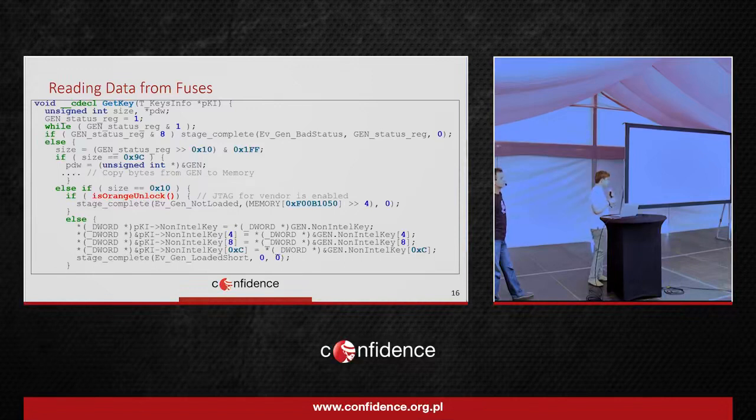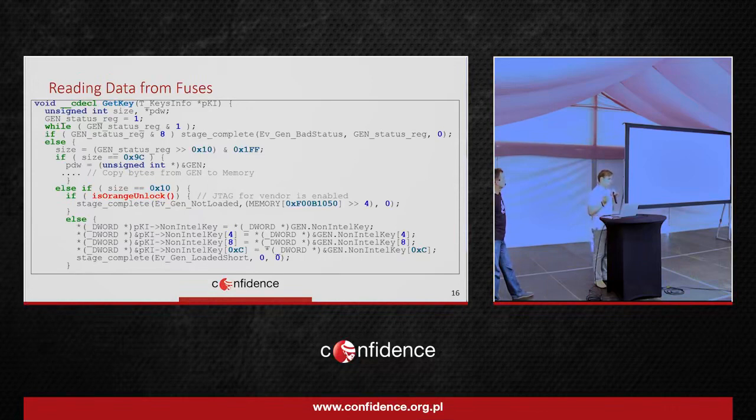And if on your platform JTAG is activated, for example, vendor JTAG type, it's called orange unlock. You cannot get any information about the keys, but if you have red unlock, it's Intel's unlock. You can read some information for debugging the file system, we think.